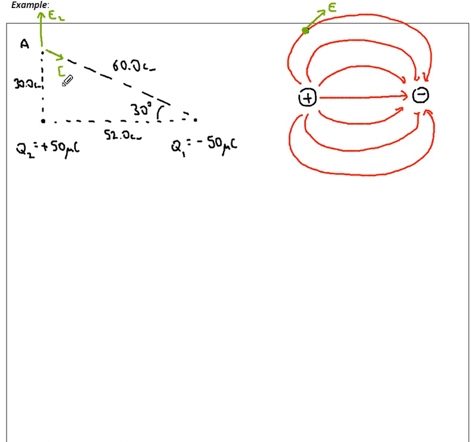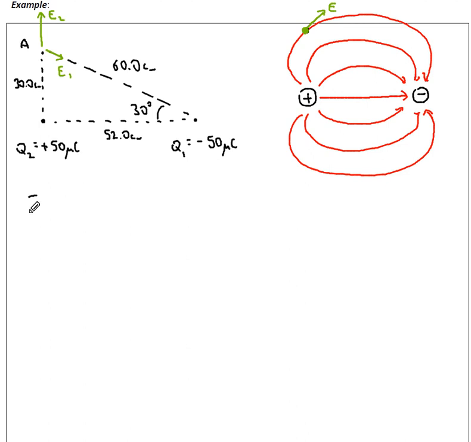And we see that when we vectorially add them together, it'll end up looking something like that resultant vector E that we drew on the right. And the reason I drew E1 to be smaller than E2 is because the magnitudes are the same, but it's further away. So we know the strength of the electric field is going to be smaller. So let's go ahead and solve for E1 and E2.